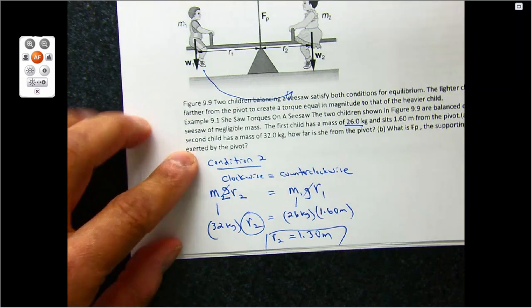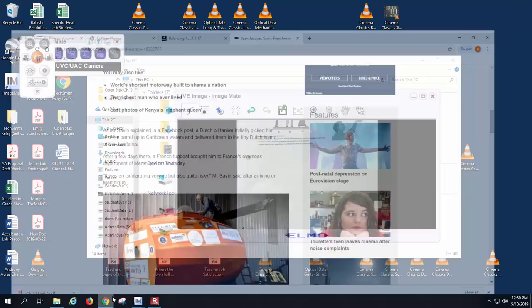Now, I'll do one more problem, and that's pretty much going to finish this up. We're going to look at this pole vault problem right here.